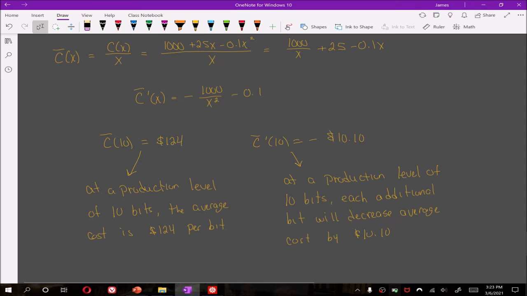Approximately, right? So for each additional bit we produce, we expect the average cost per bit to drop by $10.10.